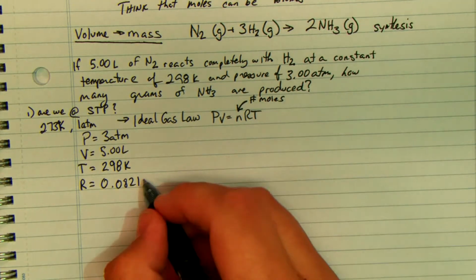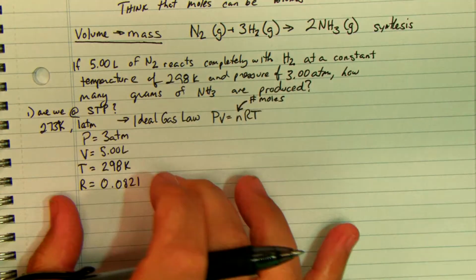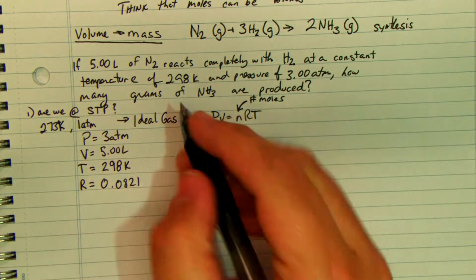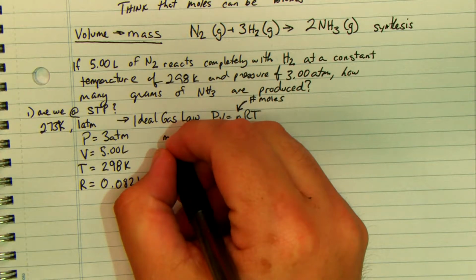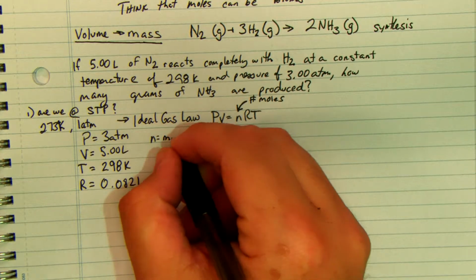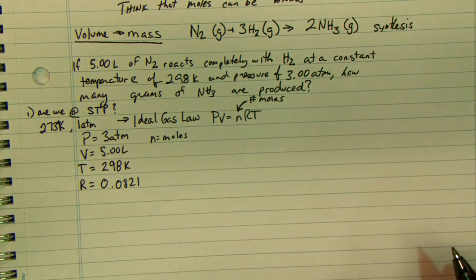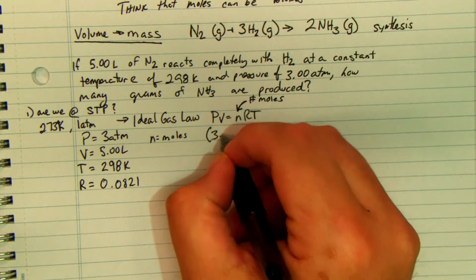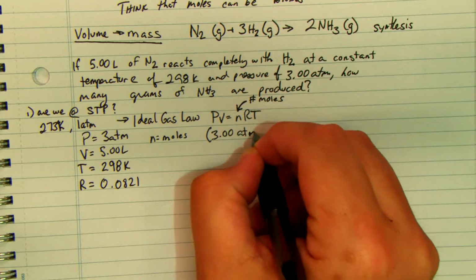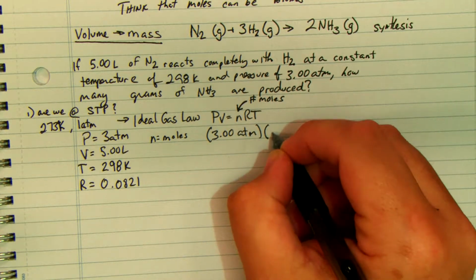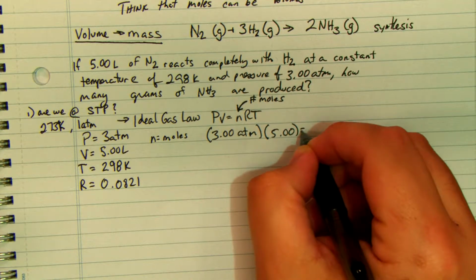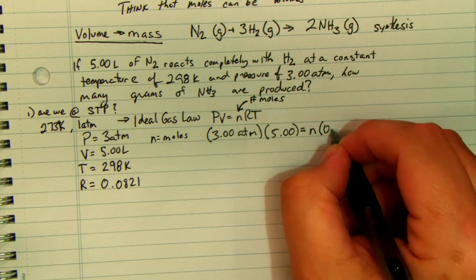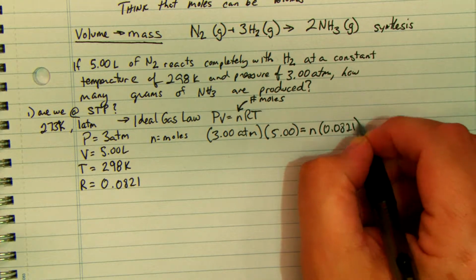And honestly, I don't use the units because it has 4 different units. I just know it's going to cancel into the units we need. And I need n, which is equal to moles. So I'm going to say that it's going to be 3.00 atmospheres times my volume, which is 5.00, is equal to n, which we don't know, R, which is 0.0821, and T, which is 298.